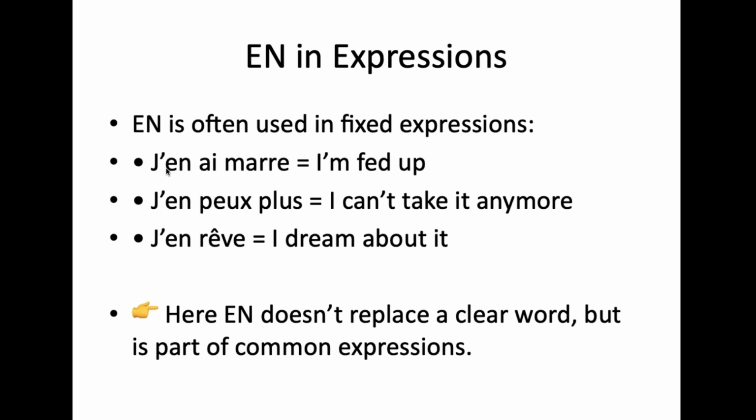It's just the expression itself, which is called a fixed expression. "J'en peux plus, j'en rêve," etc. It's just a common expression that we have in French, but as I wrote there, here en doesn't replace a clear word. We don't really know what we're talking about, but it's just part of the expression.